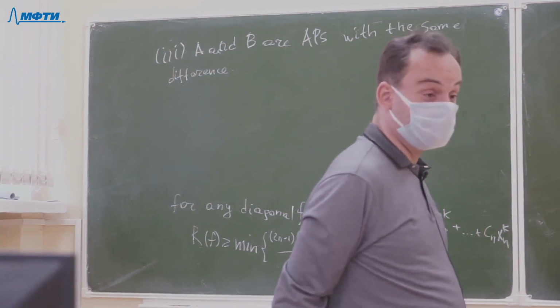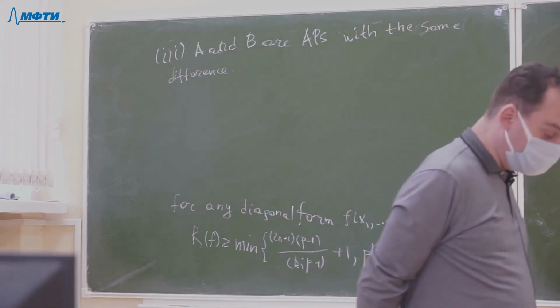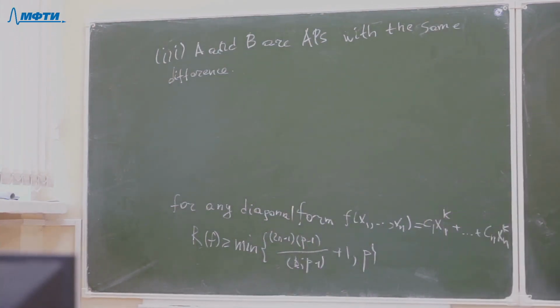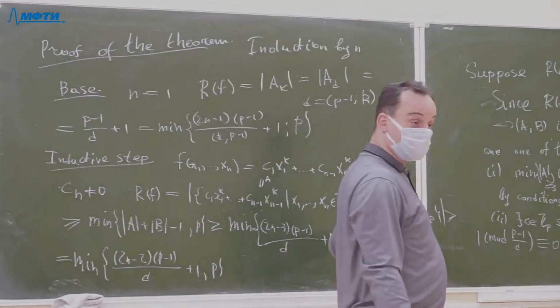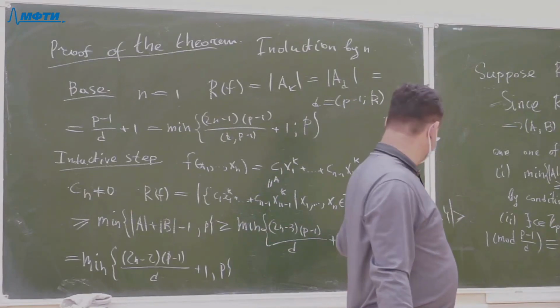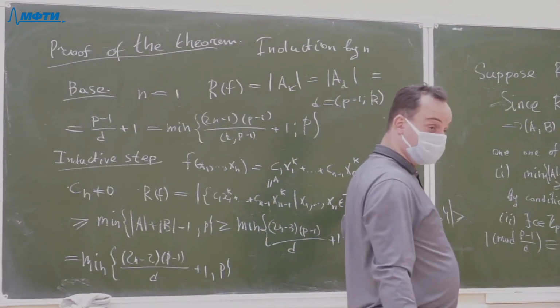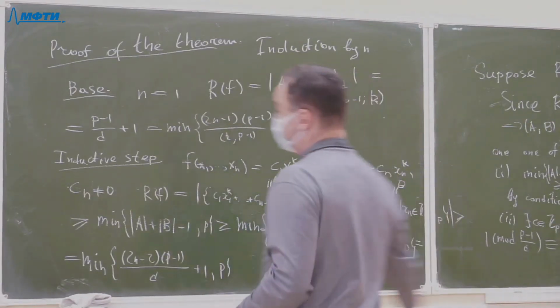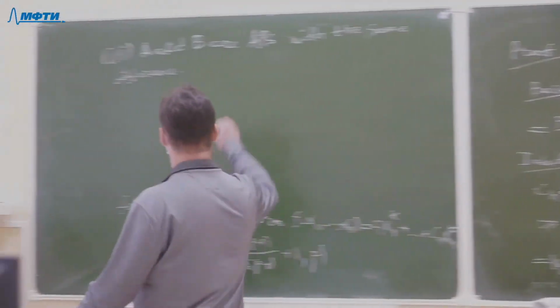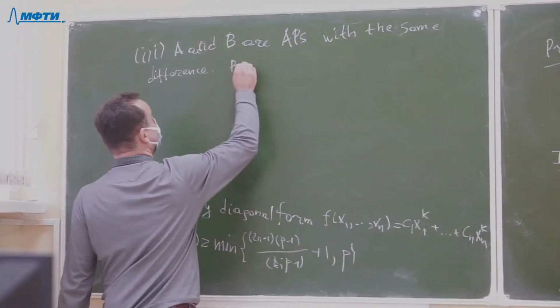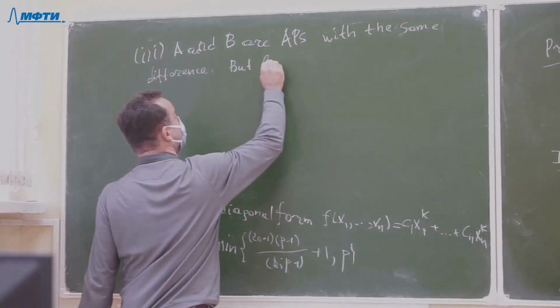Recall lemma 4. By lemma 4, AK is not an arithmetic progression, but our B is a shift of AK.